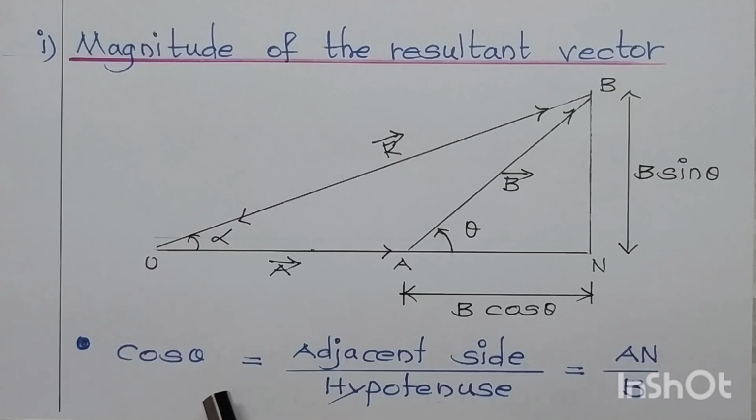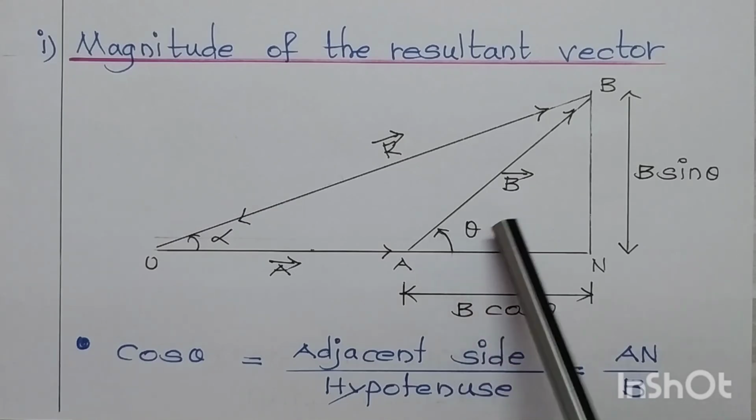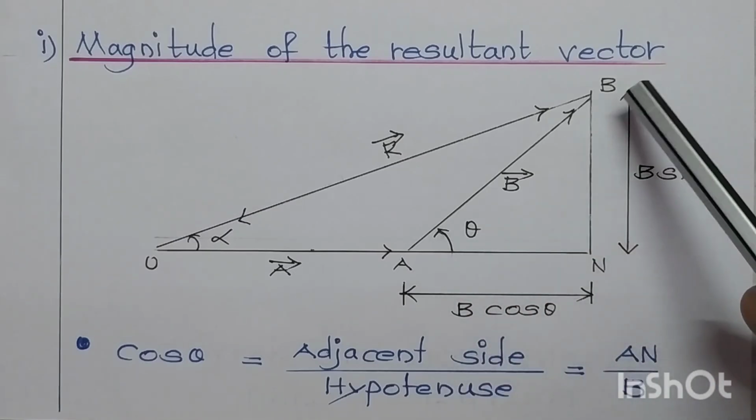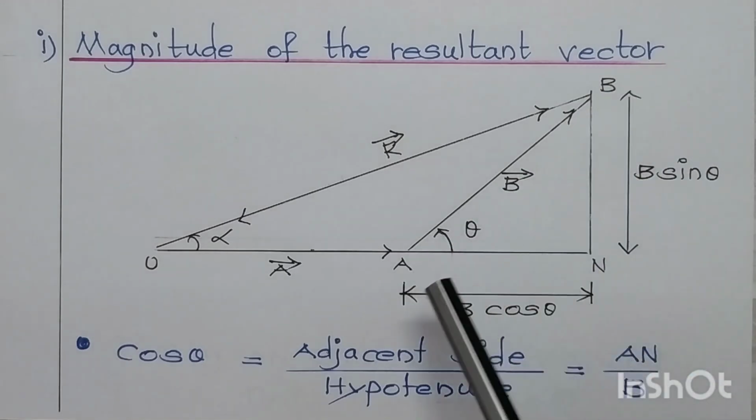Cos theta, as all of you know, is adjacent side by hypotenuse. So for this theta angle, this is the opposite side and this one is the longest side of a triangle which is hypotenuse. So AN is the adjacent side.